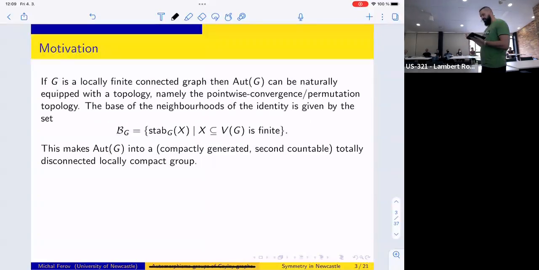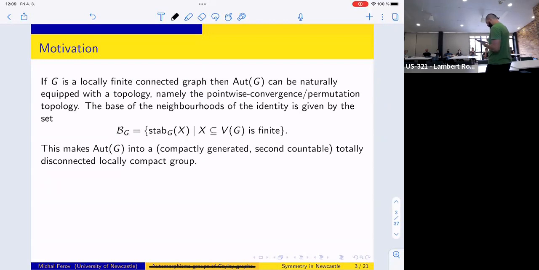Right, so just a bit of motivation. If I have a graph which is locally finite, meaning that every vertex has only finitely many neighbors, and it's connected, then the group of automorphisms of that graph can be equipped with a topology. So it's a topological group.